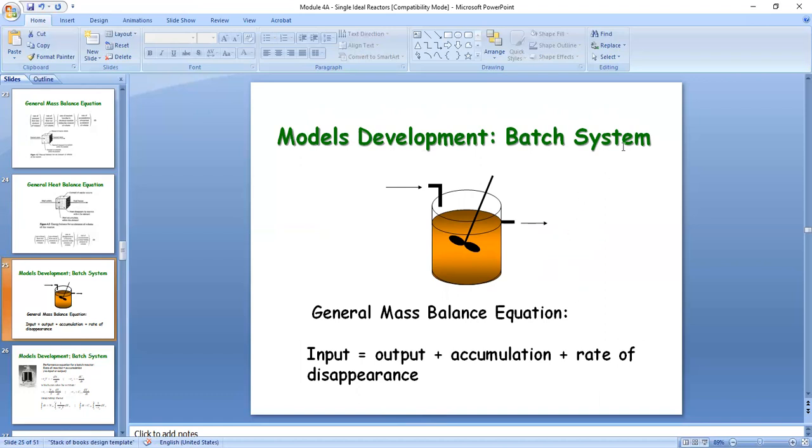If I ask you, for the batch system, with the mass balance equation below, input is equal to output plus accumulation plus rate of disappearance, what term or terms here are equal to zero since we have the batch system?